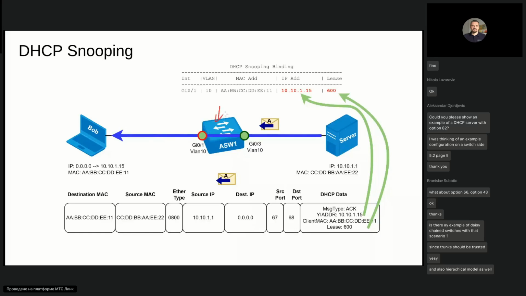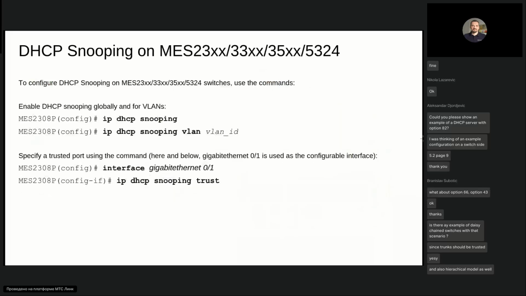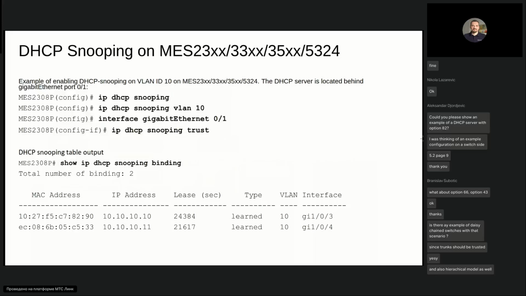Or if someone else is trying to present a packet with this IP address on some other port, then we will also drop the packet, because we know that this IP address is stated on this untrusted port. So the DHCP snooping feature provides a lot of information for other security functions of the switch.